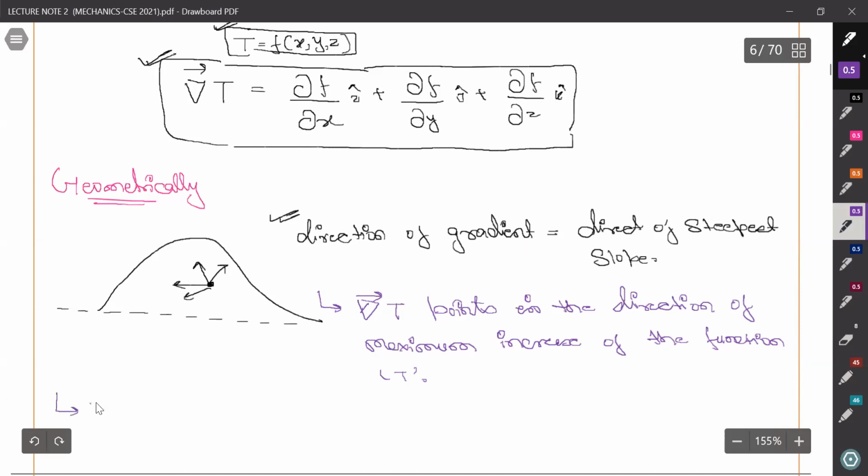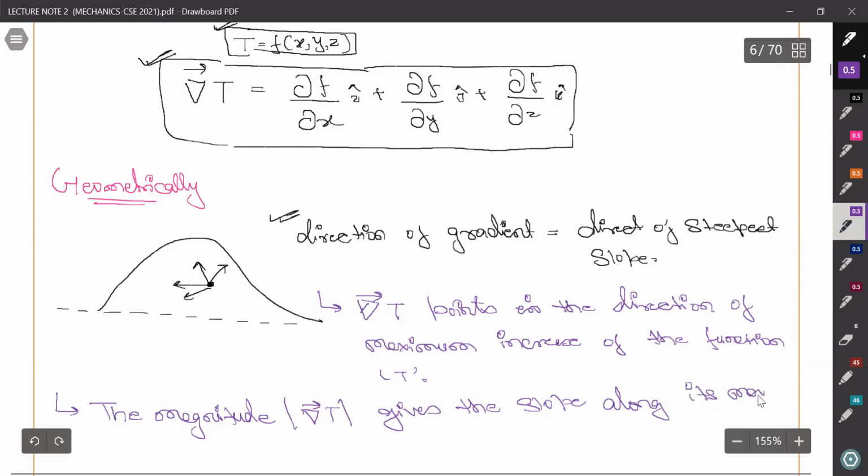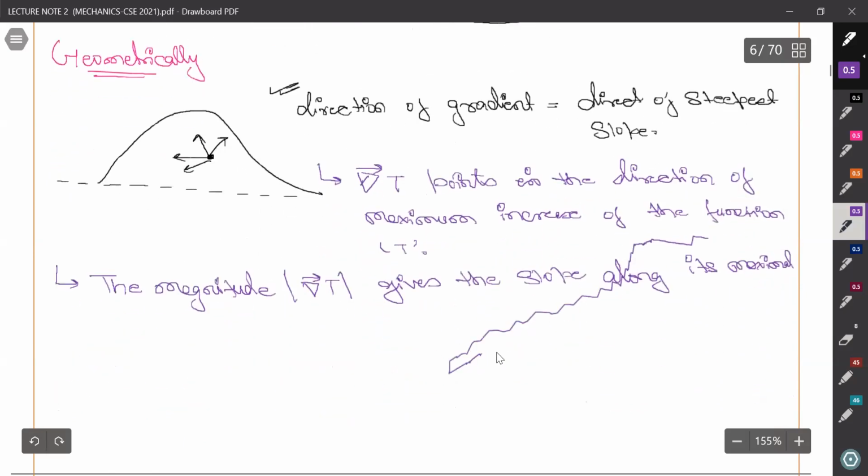Also, we can write the magnitude like this: it gives the slope along its maximal direction.